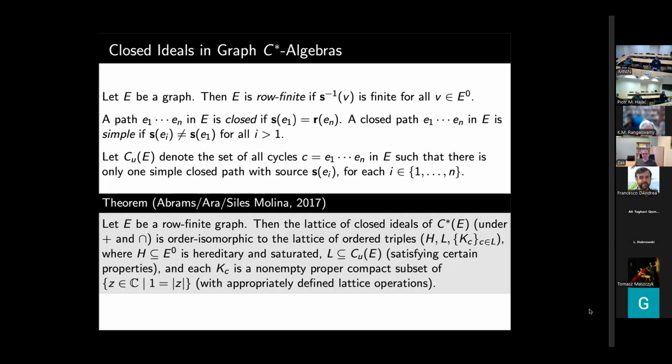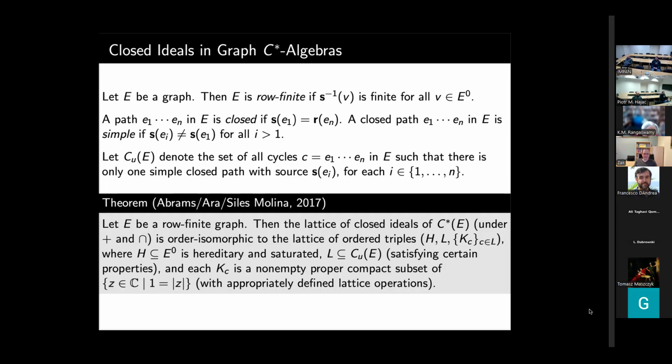I'm a bit puzzled by your definition of simplicity, because I would imagine that a closed path is a loop, and a simple one means that all these vertices, which are endpoints or start points of edges that build up your closed path, are pairwise distinct.